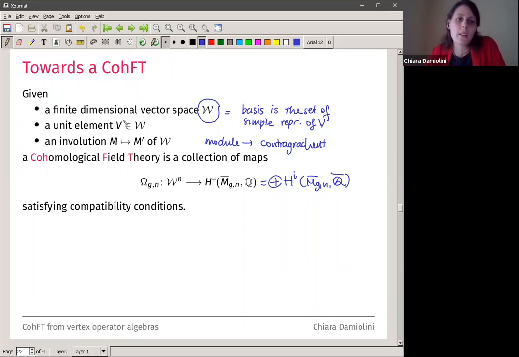And the unit element is the module, the vertex operator algebra itself.